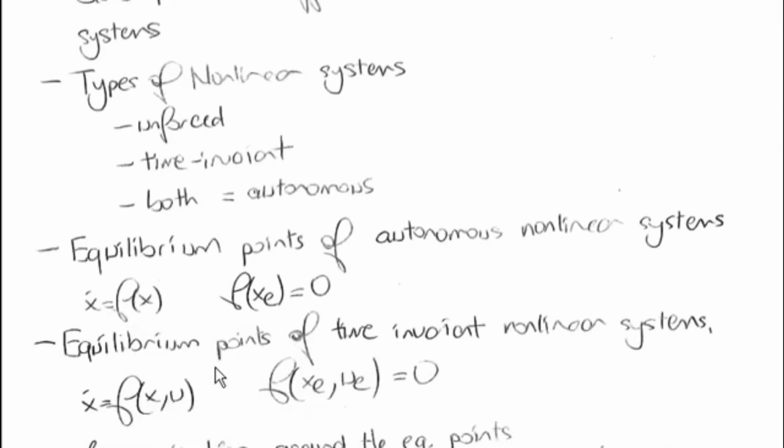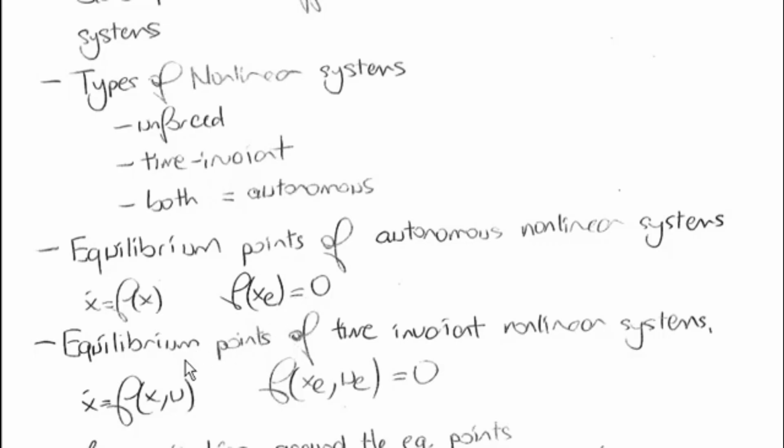Then we have seen the equilibrium points of nonlinear systems. We have worked on both autonomous and time invariant nonlinear systems. In the autonomous case, any x value which makes the right hand side of the differential equation equal to 0 is called an equilibrium point of the system, and the system will remain at the equilibrium point if it is at the equilibrium point.